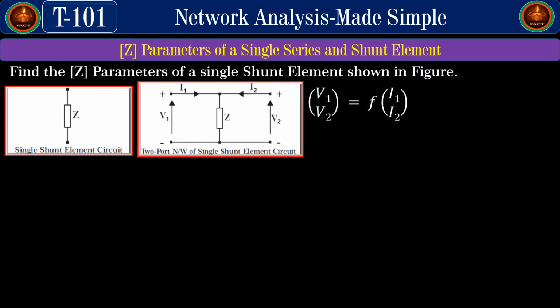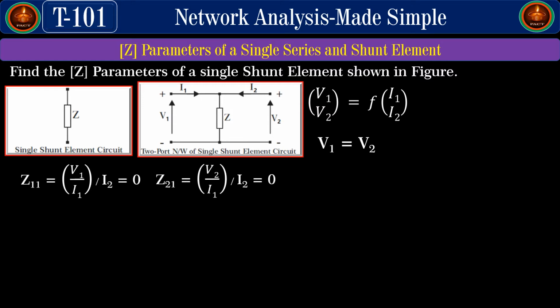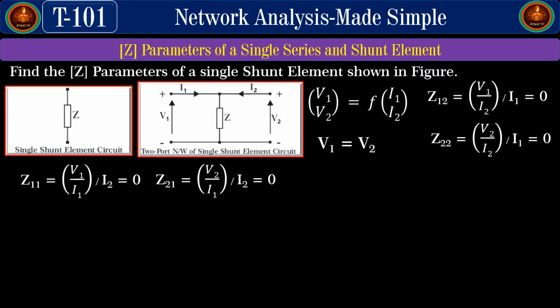You know, in case of Z parameters, V1 and V2 are dependent variables, and you see from the figure that V1 is equal to V2, fine, they are dependent variables, but I1 and I2 are independent variables. So, let's consider these four equations to find the Z parameters.